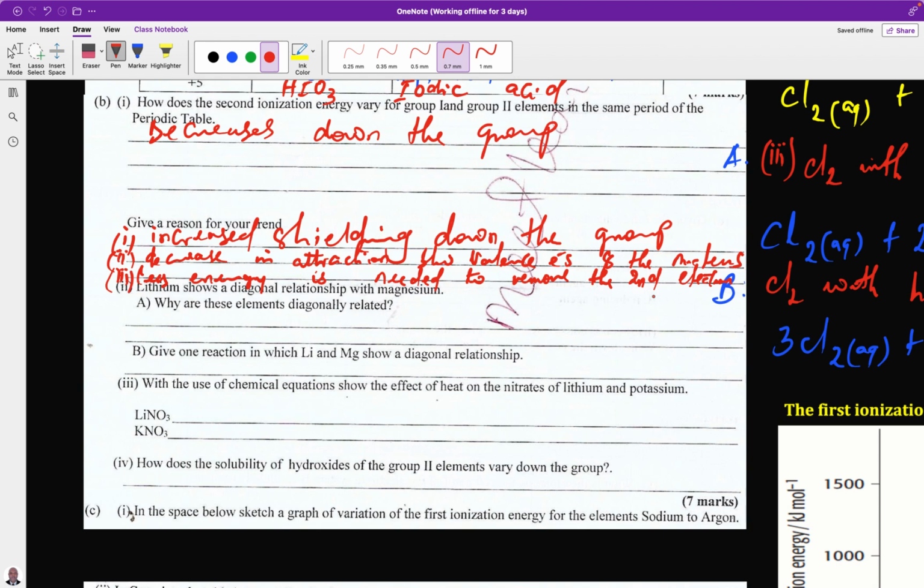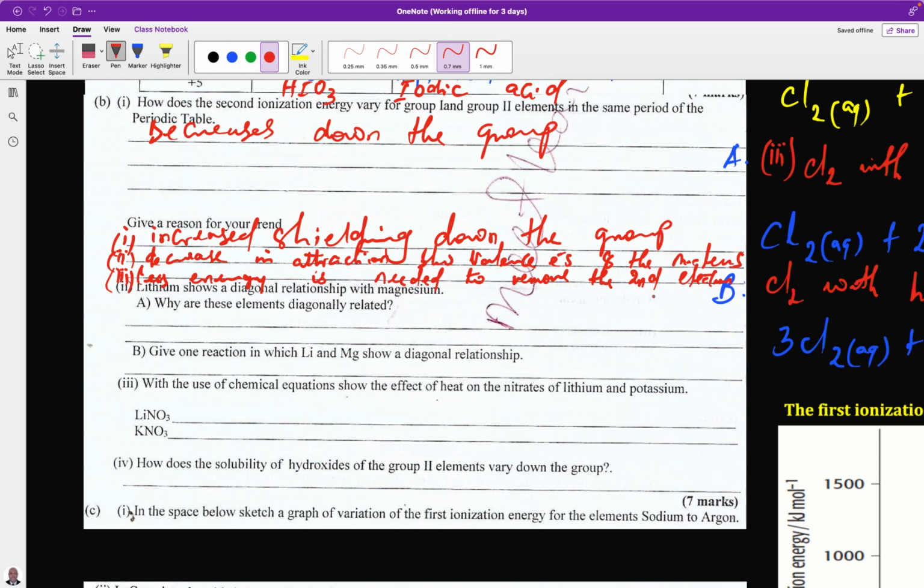Secondly, there is decrease in the attraction between the valence electron and the nucleus. And for that purpose, less energy is needed to remove the second electron. That's all. Then it takes us to the second one.